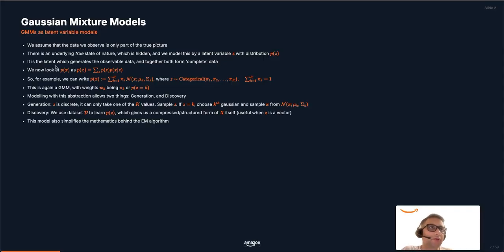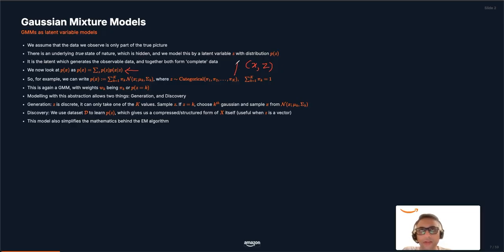Now if I say that it is this z, the latent variable, which is generating the data, then I should be able to write this. If I have a complete data which is given by x comma z, x is what you have observed, z is what you have not observed, but the complete data is x comma z.